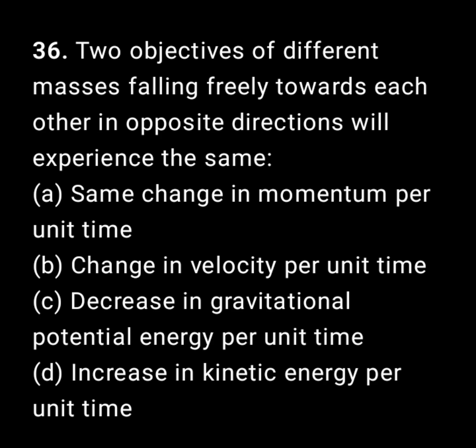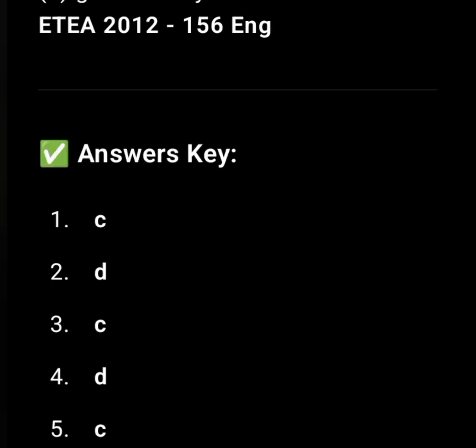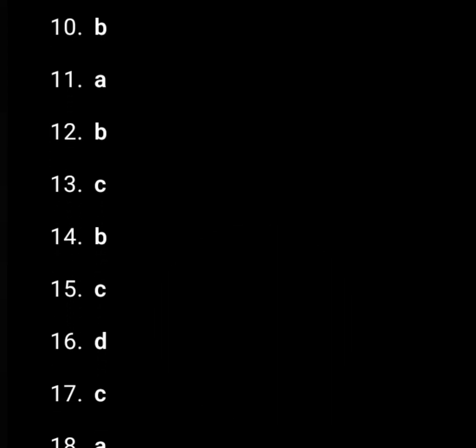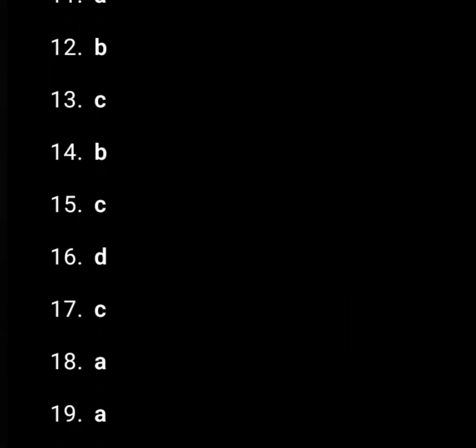Checkmark answers key. 1. C. 2. D. 3. C. 4. D. 5. C. 6. D. 7. A. 8. B. 9. B. 10. B. 11. A. 12. B. 13. C. 14. B. 15. C. 16. D. 17. C. 18. A. 19.